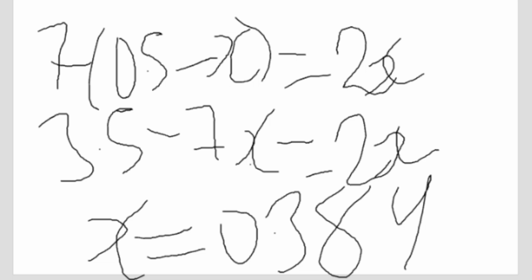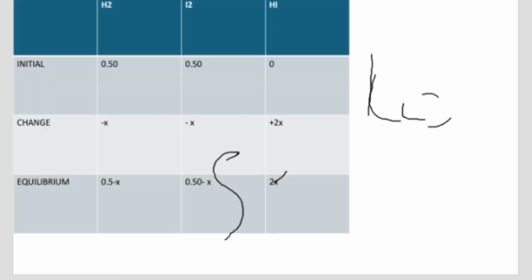Now, having found this x, how do we find the values at equilibrium? The final concentrations at equilibrium, what are they? We just go back to the table again. For the final concentration of H2, we say 0.5 minus the value we found for x, which is 0.389.